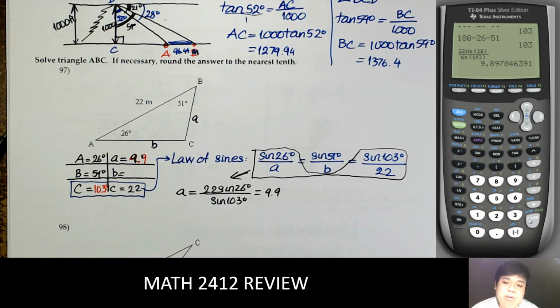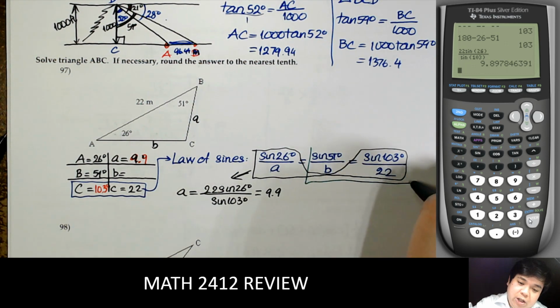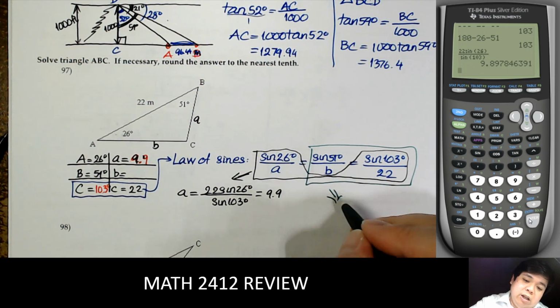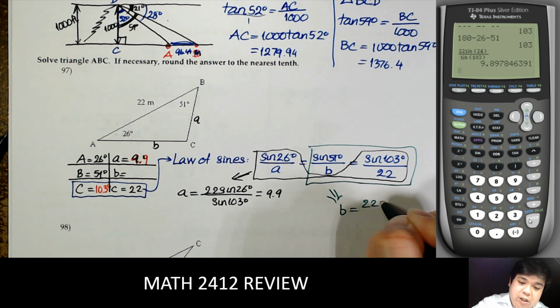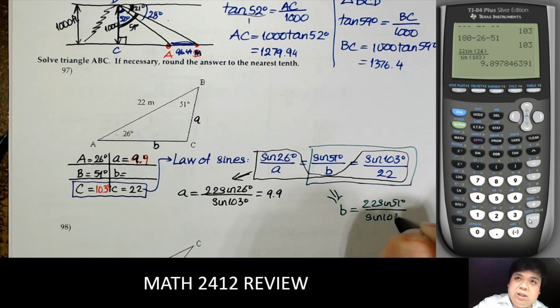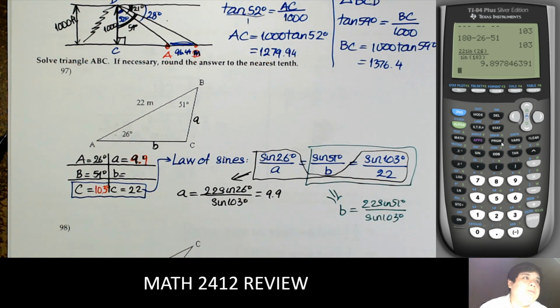And finally, to find b, we're going to take this ratio, cross multiply, and we have b equal to 22 sine of 51 degrees over sine of 103 degrees. Again, another fraction. Make sure it's in degree mode. Now we have the fraction 22 sine of 51 divided by sine of 103.